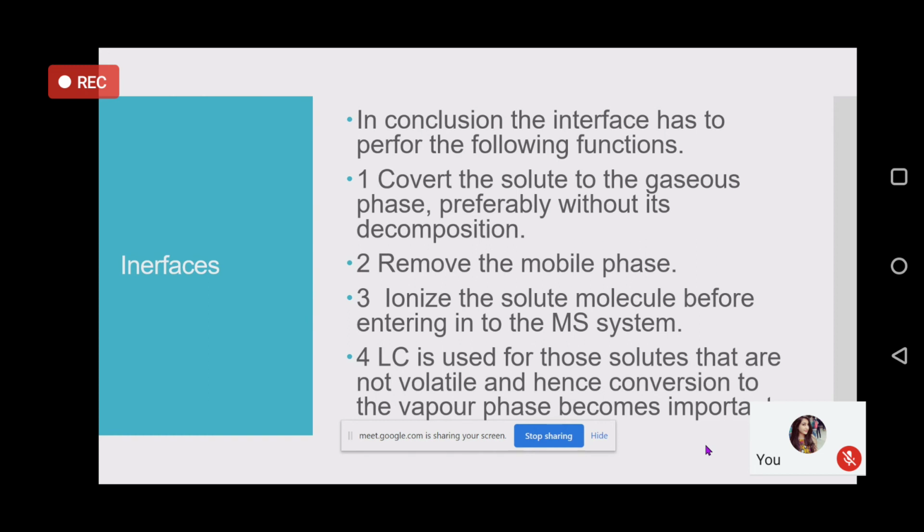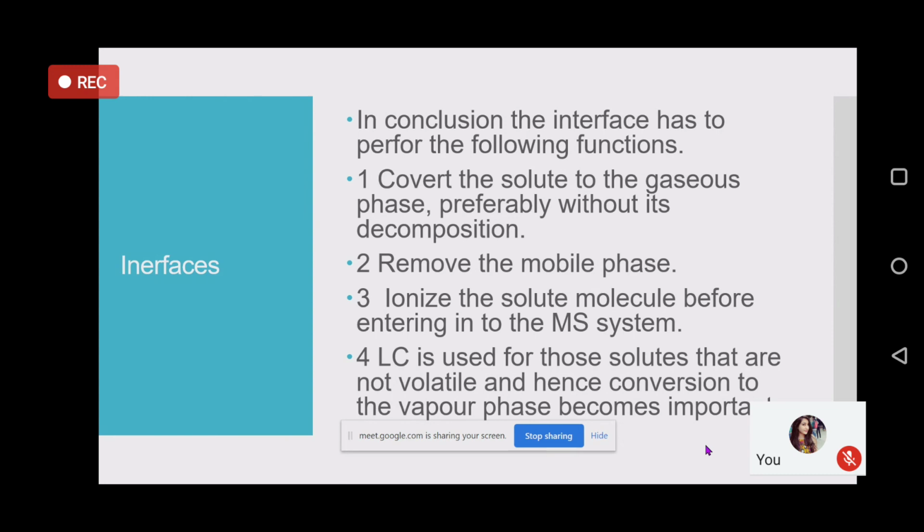But if the interface does not give you ionization, then you will have to make use of an ionizing source, and the entire vapor phase coming out of the interface will have to be transferred to an ionizing device so that it brings about ionization, and only then can it enter the mass analyzer of the mass spectrometer.